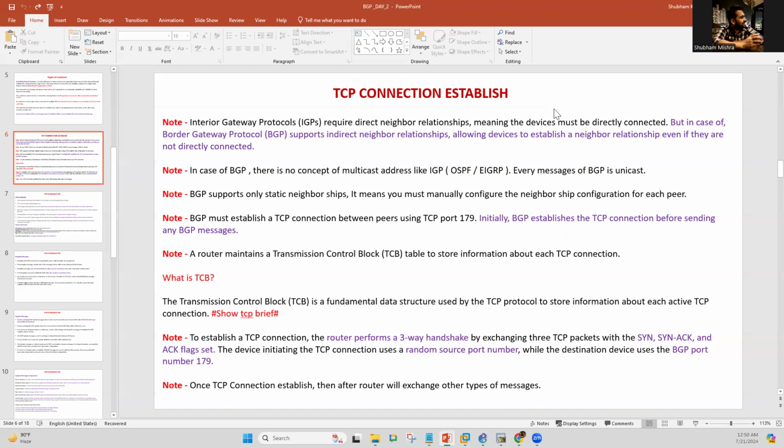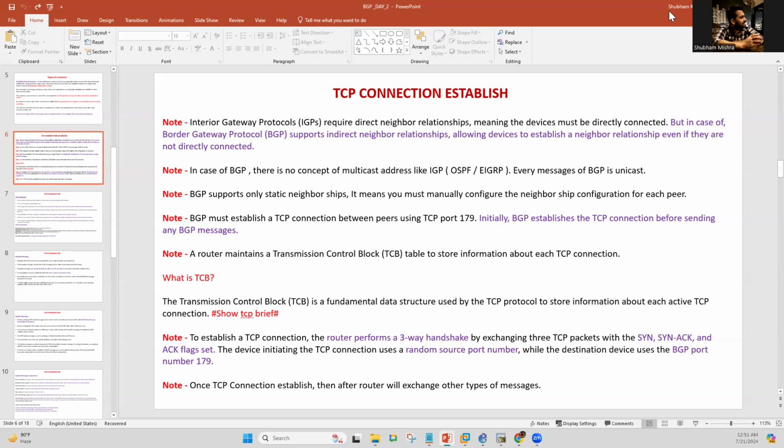If you manually configured the router ID, that is the best thing. If you do not configure it manually, then the router will check the highest loopback IP address. If there is no loopback IP address, then the router will choose the highest interface IP address. So that is the election criteria for the router ID in BGP and the same in OSPF. Getting my point? I hope you understand.